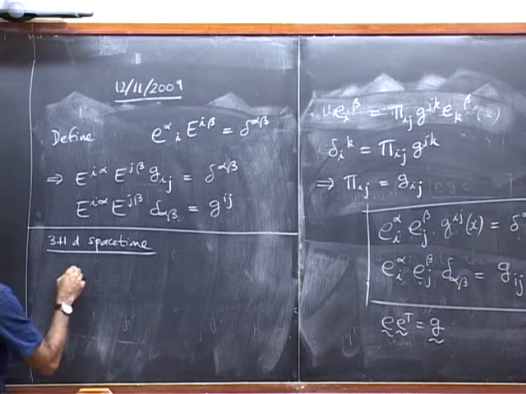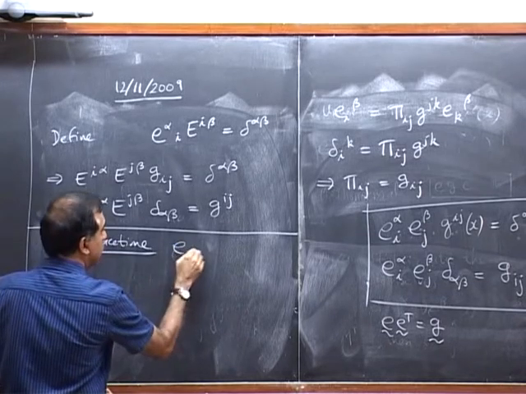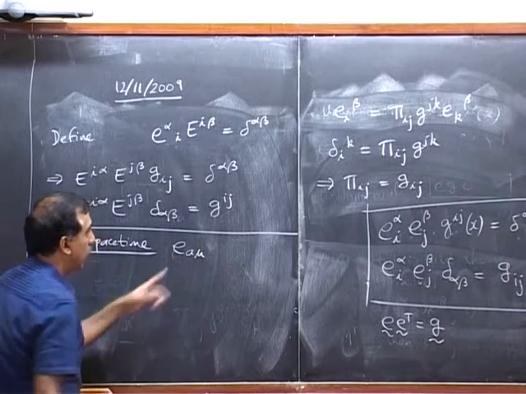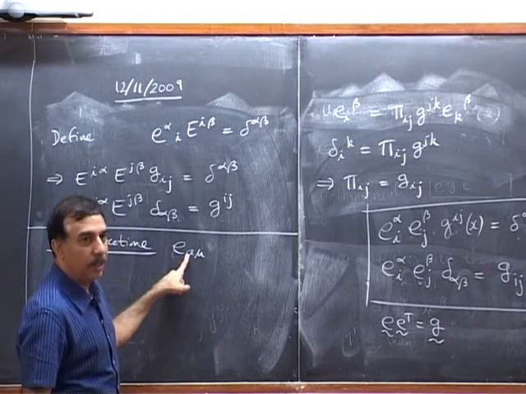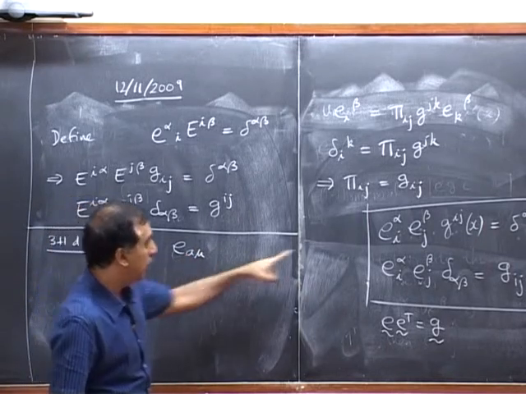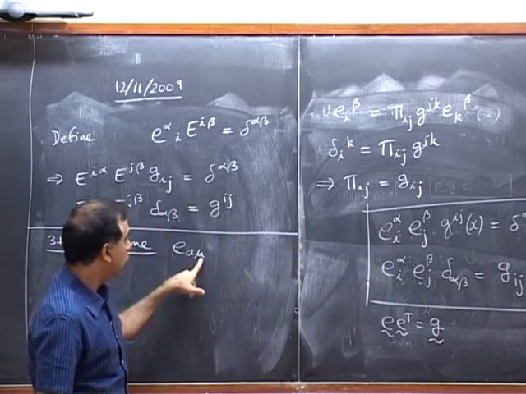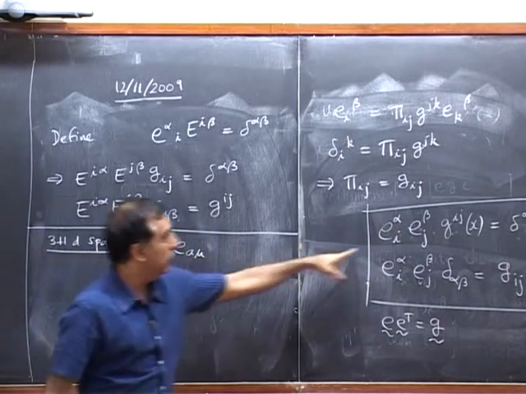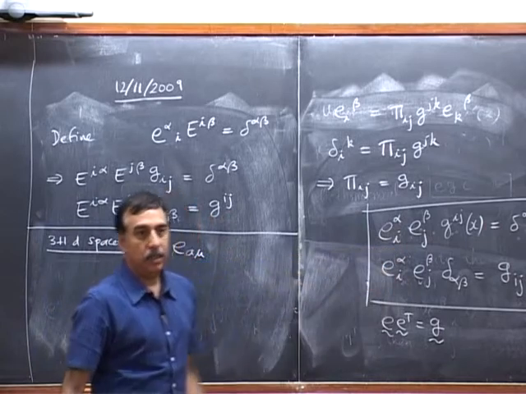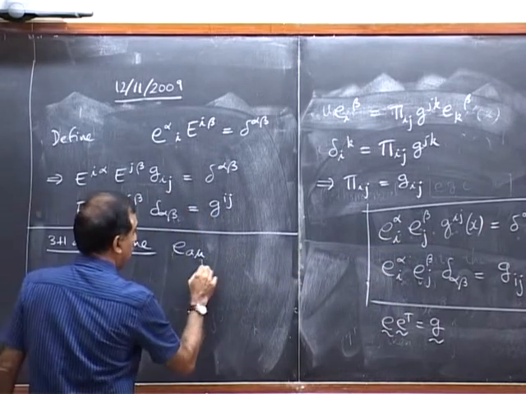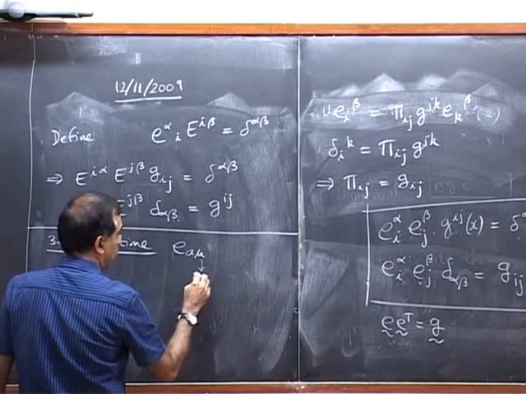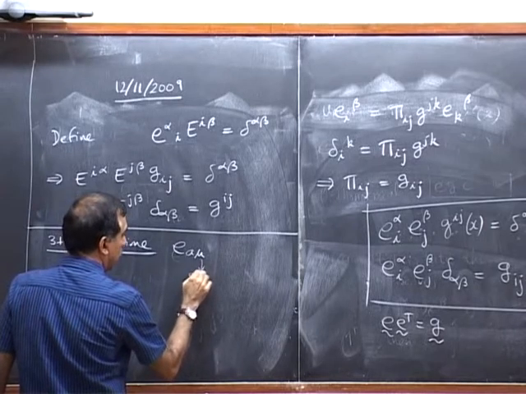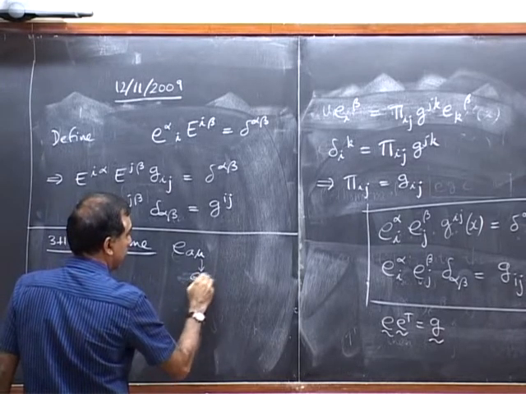And so now in space-time, what I'll do is I'll write this as E^A_mu. A will be the space-time index taking values 0, 1, 2, 3 in place of alpha, and mu will be 0, 1, 2, 3 in place of i. Okay, so this is called the GCT index.